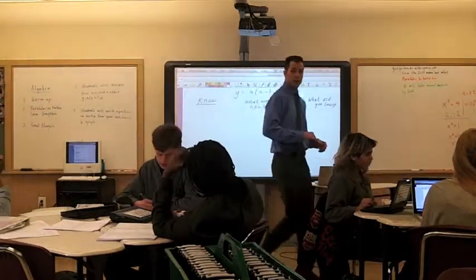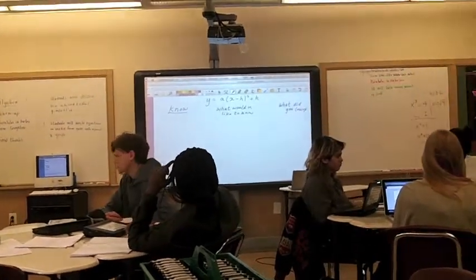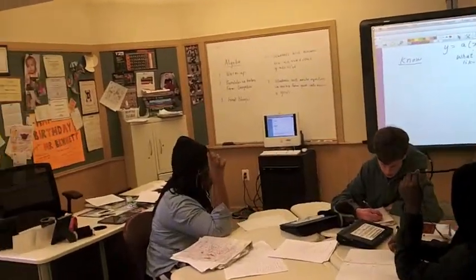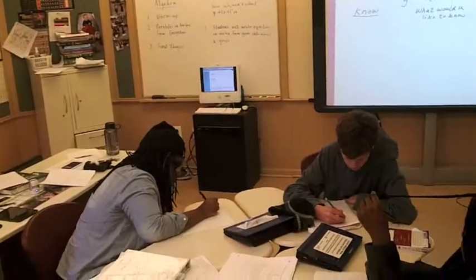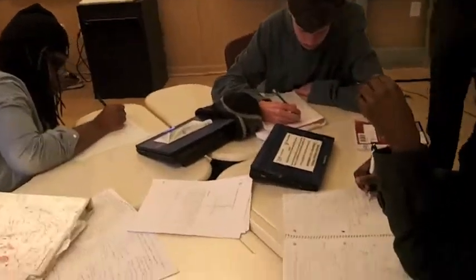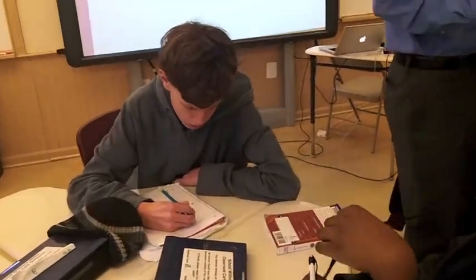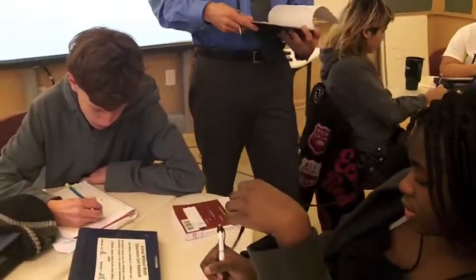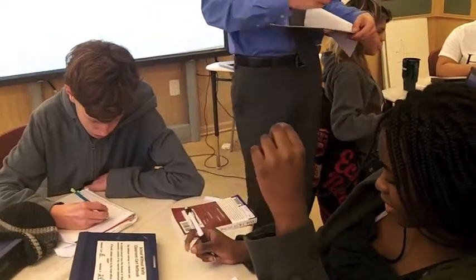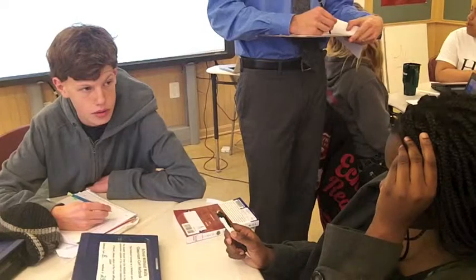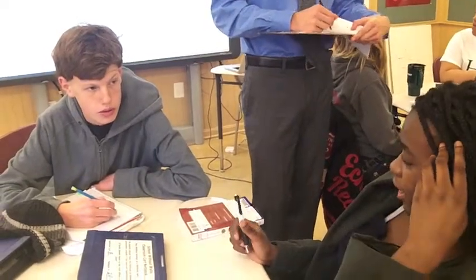No, not yet. A determinant. H and K. H determines if the graph moves right or left, and K determines if it's up or down. You said K does what? H moves the graph left and right, and K moves it up.